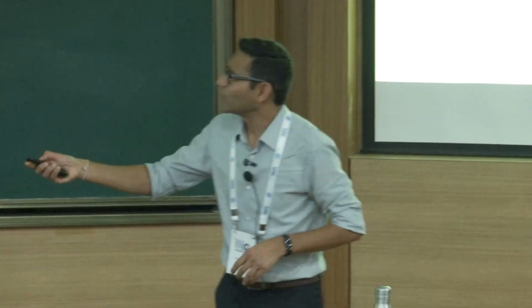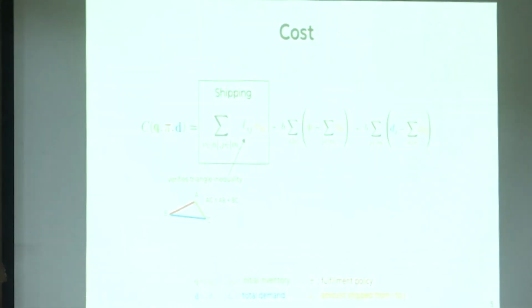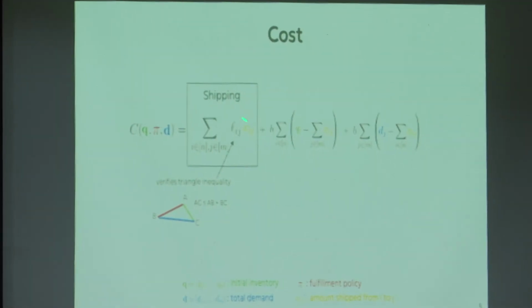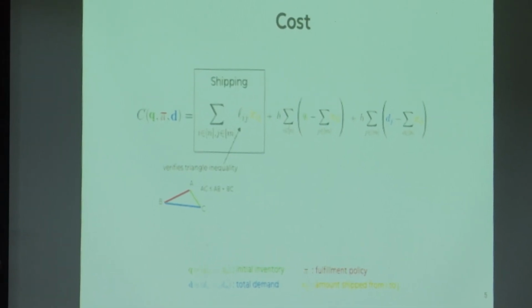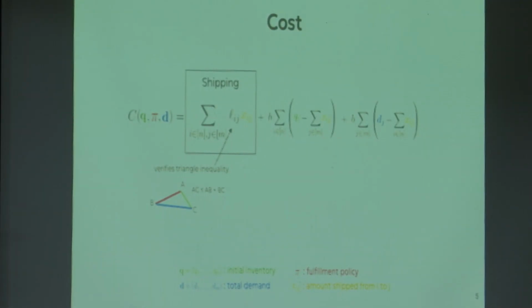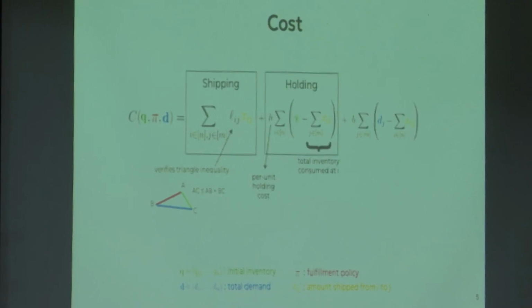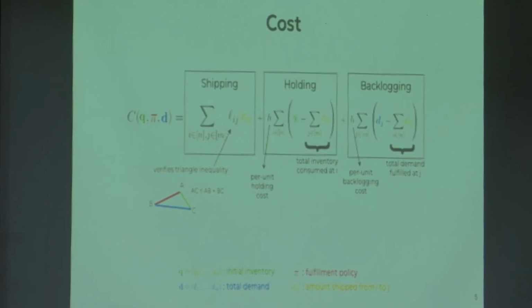One thing I wanted to mention, the title said metric, and I didn't specify it explicitly. Here the distances, or the costs, satisfy a triangle inequality. They're a metric, and this is the holding cost, and this is the backlogging cost.